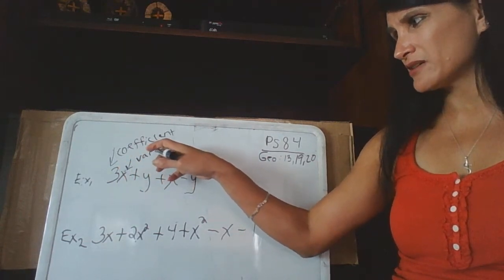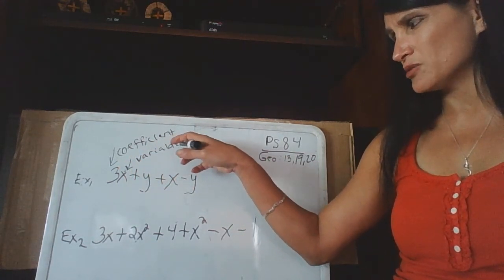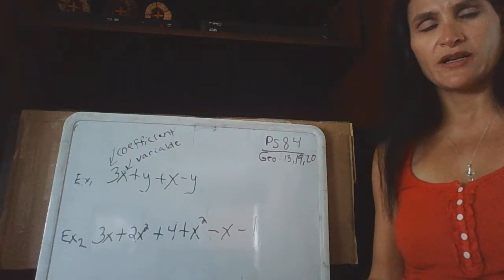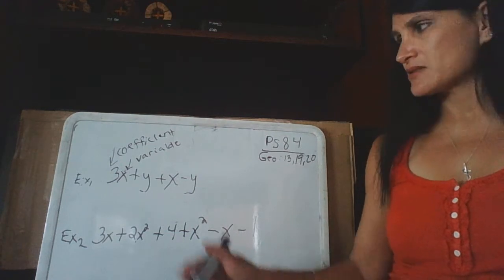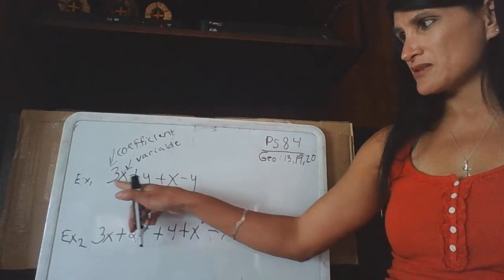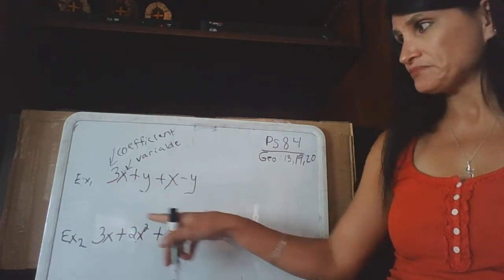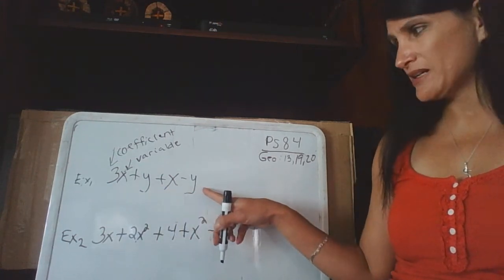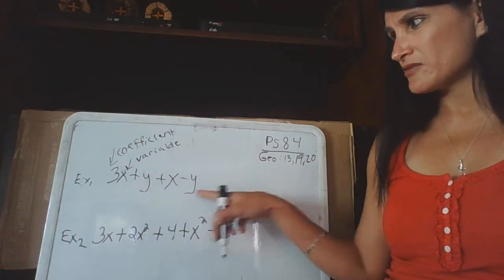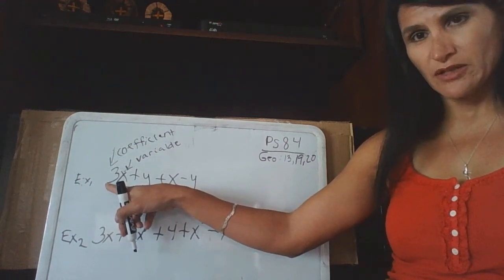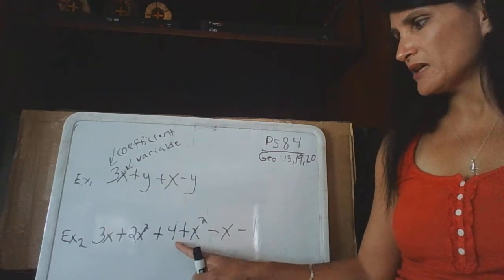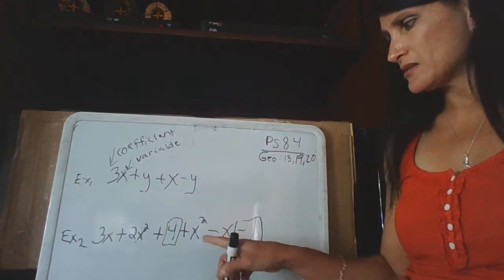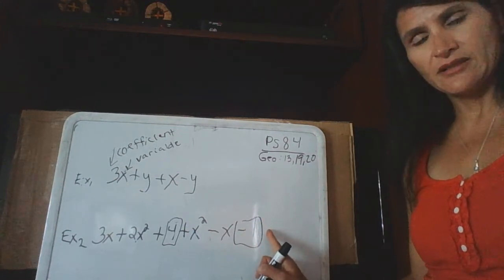So any letter in an expression is considered a variable. And think about science. Variable simply means it depends upon whatever other things affect it. So the variable x depends on being multiplied by 3. Okay. The y is a variable, the x is a variable, and the y is a variable. So the letters are variables, the number in front of a variable is a coefficient, and in the second expression, the number 4 and the number -1 don't have any letters next to them.